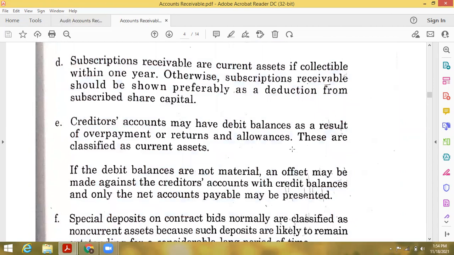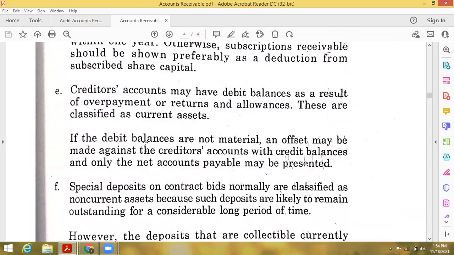If the debit balances are not material, an offset may be made against creditors account with credit balance, and only the net accounts payable may be presented. So, for example, we owe them and they also owe us. In that case, we can offset.